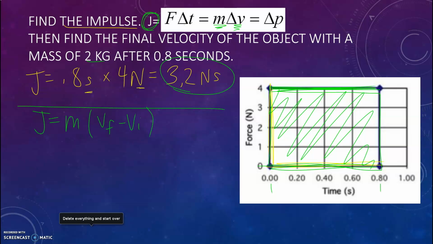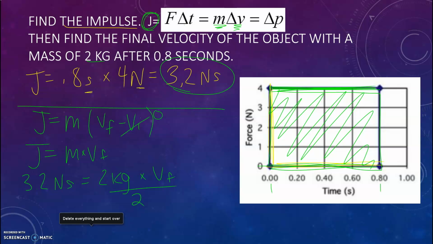And remember, if a problem doesn't say otherwise, we assume that the initial velocity is 0. So we're really using the equation impulse equals mass times our final velocity. So our impulse was 3.2 newtons times seconds, which equals a mass of 2 kilograms times our final velocity.